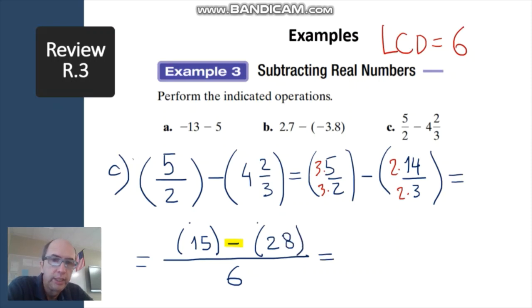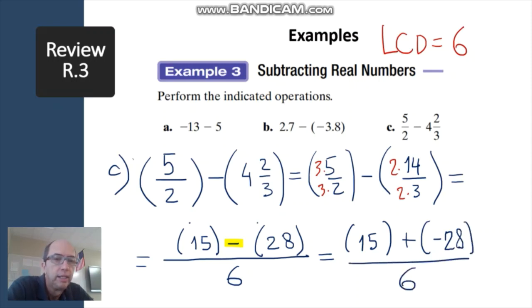And we'll change this number that follows the negative sign into the opposite of it. The opposite of 28 is negative 28. So it's 15 plus negative 28 over 6. And now we add.